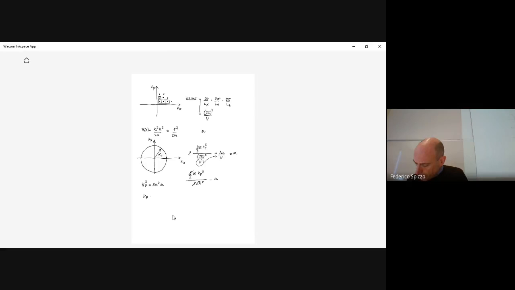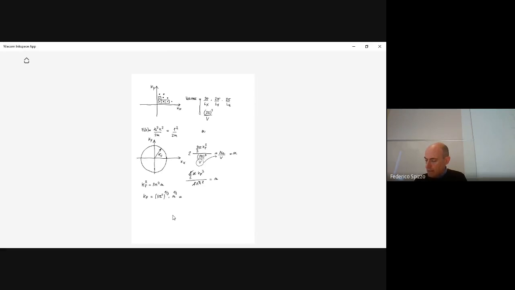Kf is equal to 3 pi squared, and everything is to the power of 1/3, times the electronic density to the power of 1/3. 3 pi is more or less 3. So in the parentheses, we have 3 to the power of 3, more or less.